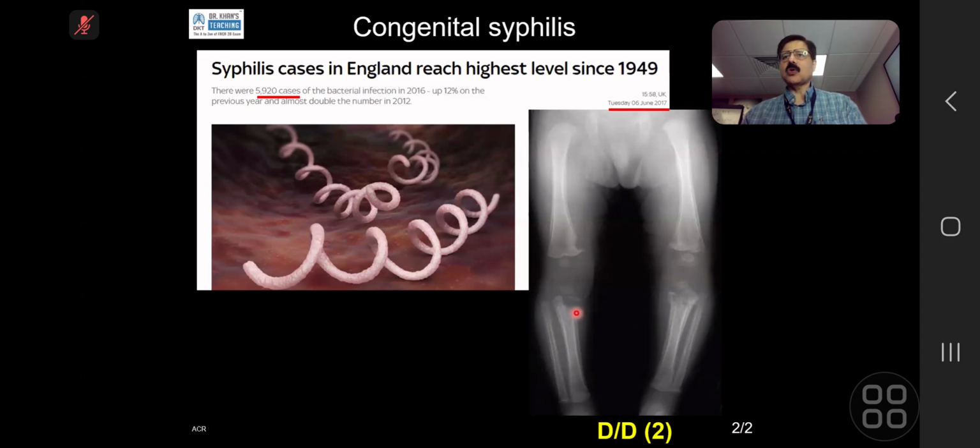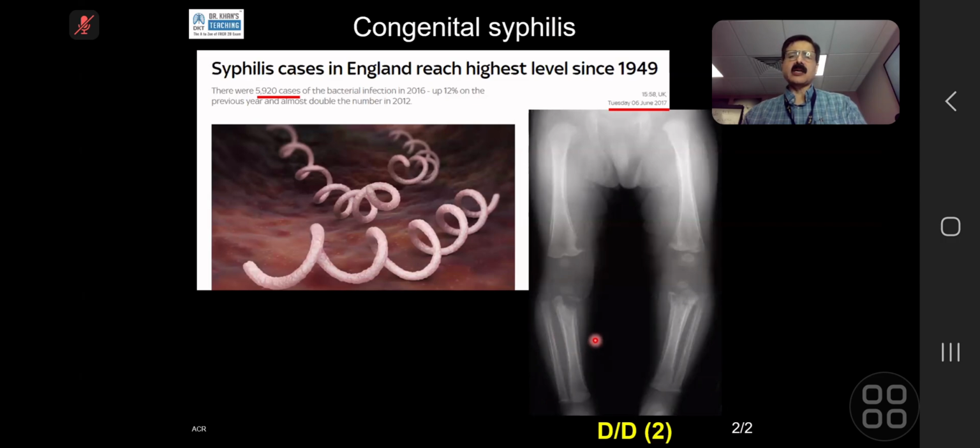Interestingly, this sign is also known as Wimberger sign. And by the way, in scurvy, there is a sign, the pencil-thin cortex of the epiphysis, that is also known as Wimberger sign. But in scurvy, you will not see this erosion. With that, there is a lot of periosteal reaction. This is very exuberant. You will not see a single lamina.